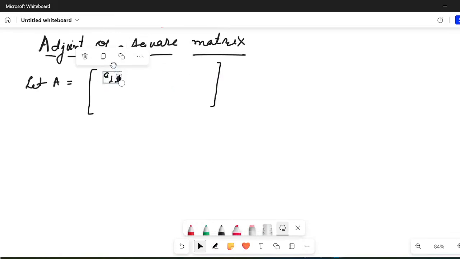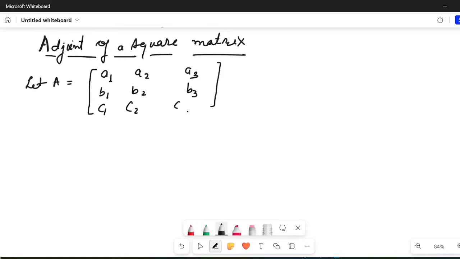So I'll use easier notation. For row 1, I'm going to use A1, A2, A3. For row 2, this is B1, B2, B3, and this will be C1, C2, C3. So let A be a square matrix, and we have to find the adjoint.